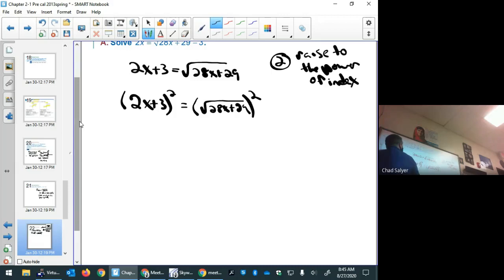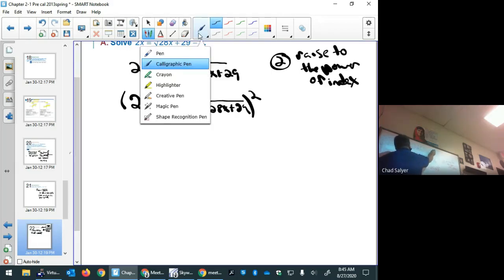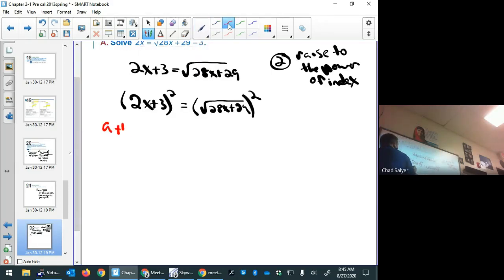And here I'll use that shortcut. Remember that (a + b) squared equals a squared plus 2ab plus b squared. So (2x) squared is 4x squared. That's the a squared part. And then 2 times a times b.